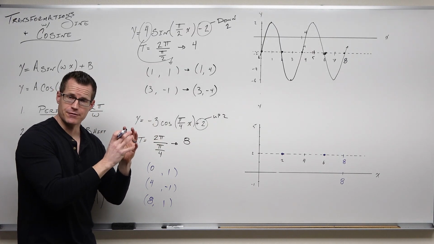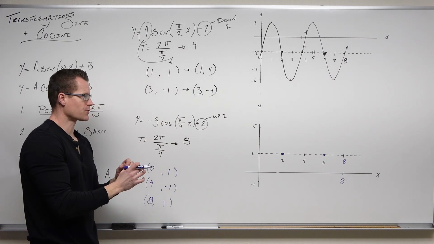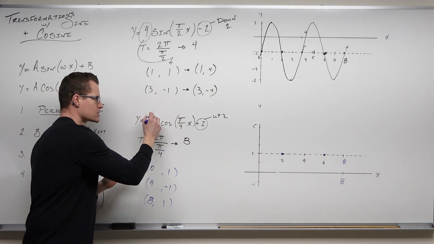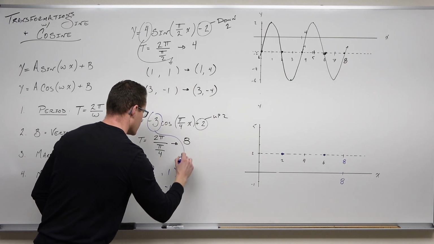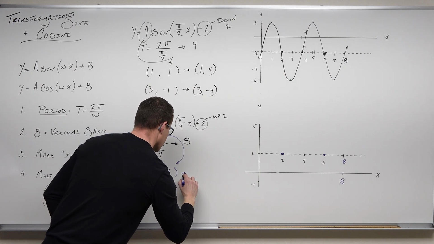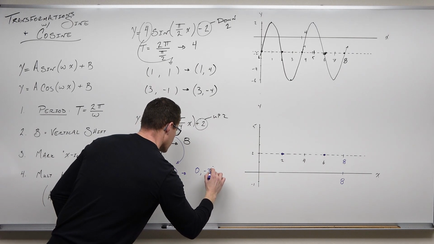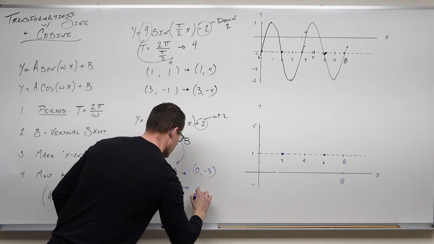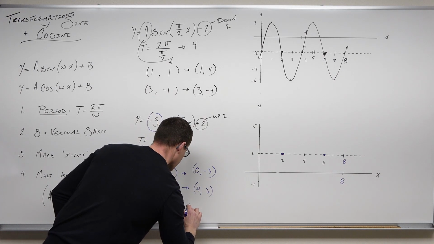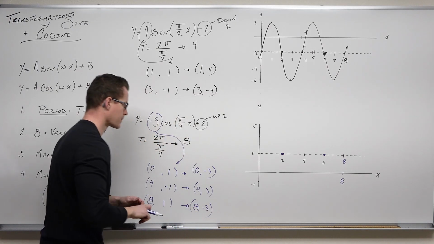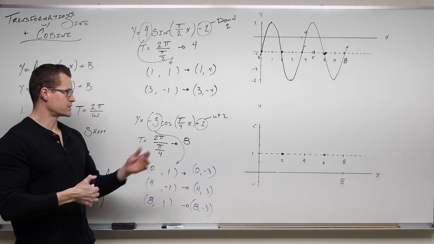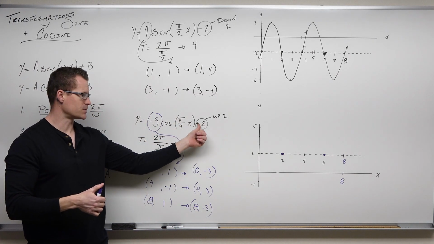That number, that factor affects the outputs of your function. So it's going to take those outputs, it's going to multiply by -3. So we've seen affect the period, got it. Shift up 2, got it.